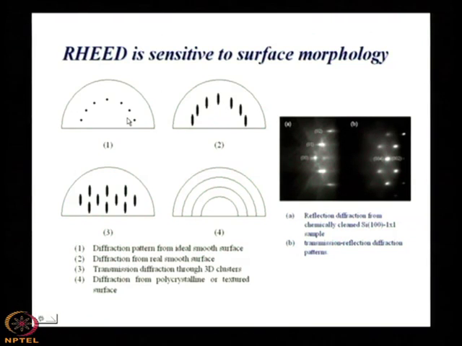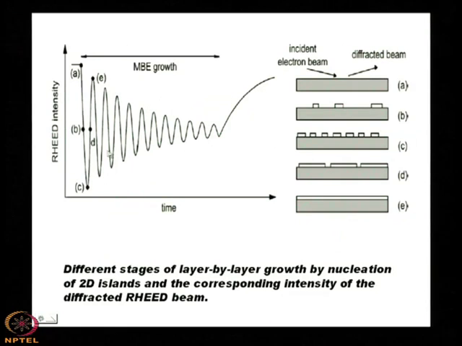Basically, the grazing angle is so low that the streaks are from the layers only. Then you can consider different kinds of layers. In this case you see that oscillations will be there. This is layer A, layer B, layer C, layer D, layer E. In A there is nothing, it is basically the substrate.